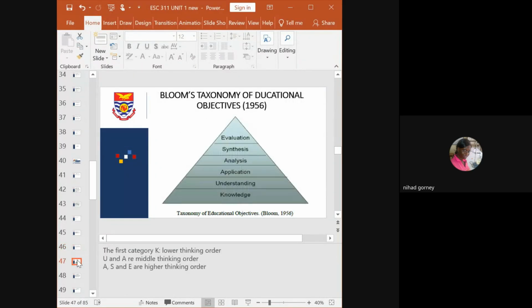Under Bloom's taxonomy, we have this triangle or hierarchy where the base is knowledge and the highest is evaluation. A lot of changes have gone on with that. We'll look at them in our subsequent sessions. So we have Bloom's taxonomy: knowledge, understanding, application, analysis, synthesis, and evaluation. That was in 1956.